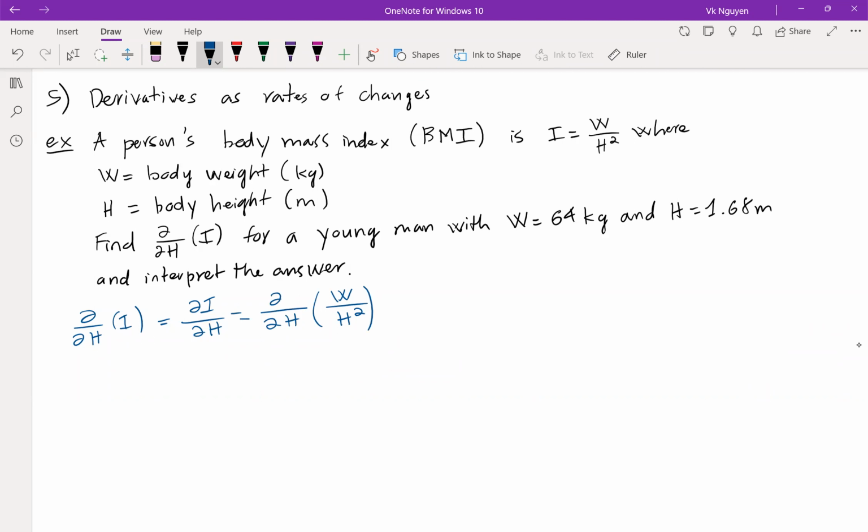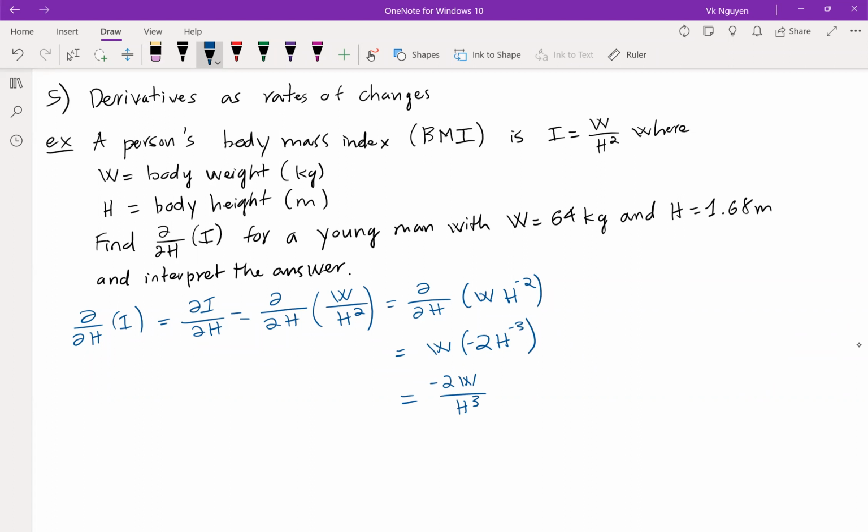You treat W as the constant. It's W H to the minus 2. Oh, it makes my life much better. So from here, we see that we got a W, and then minus 2 H to the negative 3. Okay, so that is minus 2 W over H to the power 3.